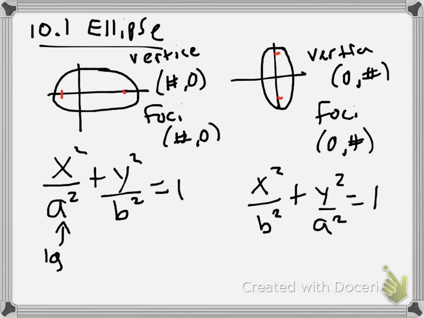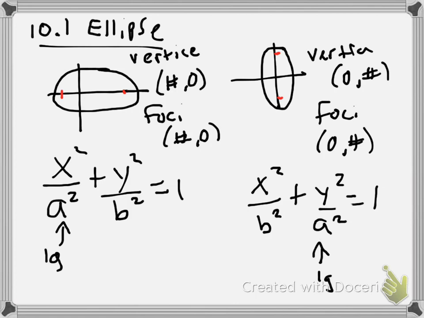A lot of times with these, you're going to be looking at your foci and trying to determine which one is your major axis. If you can remember that the larger axis, either your x or your y, is going to have the larger number underneath it.